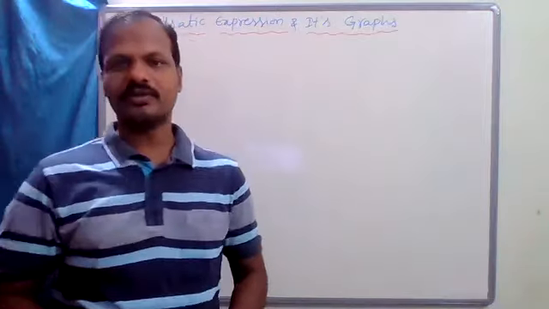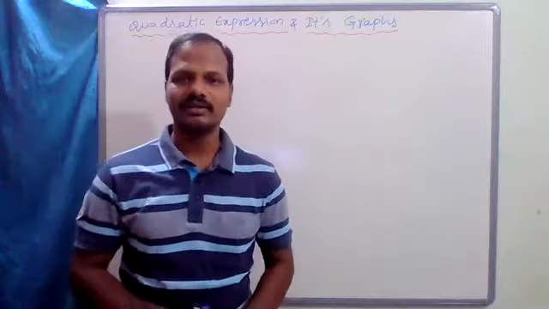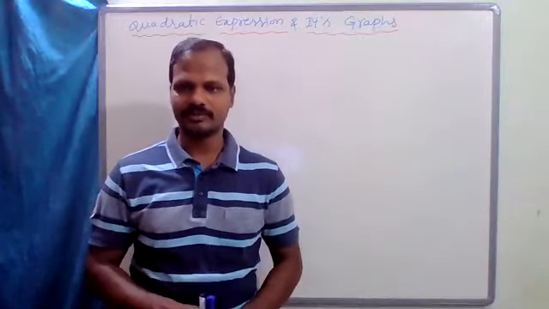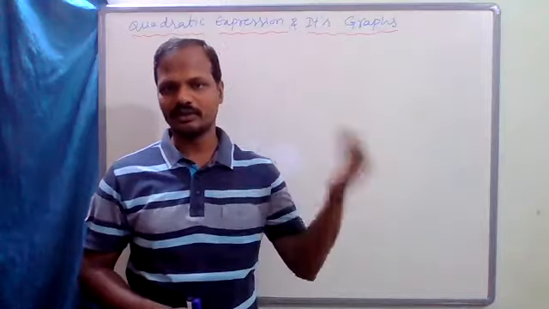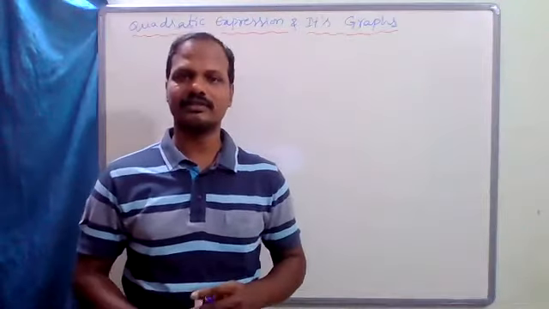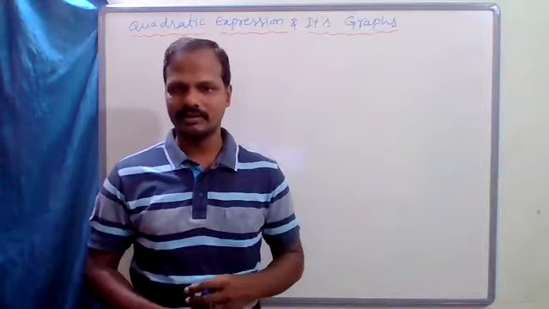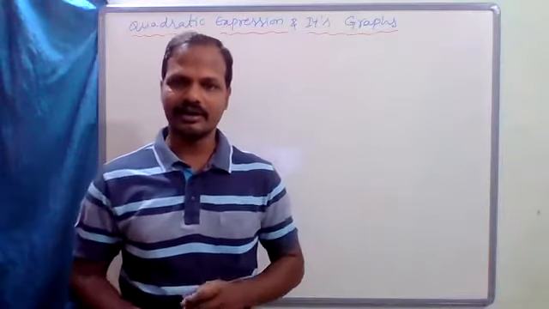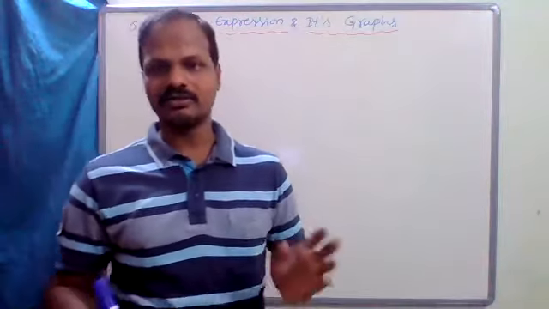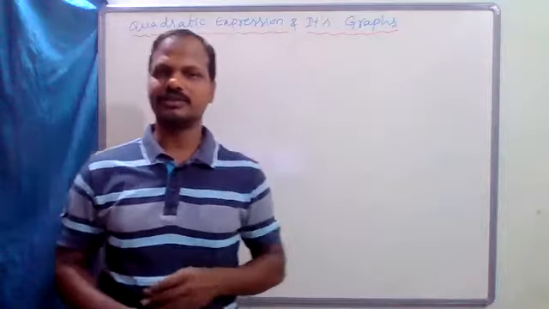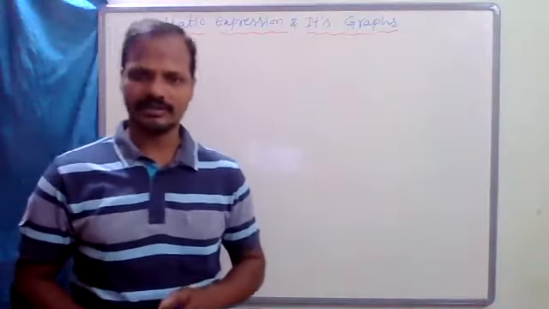The shape of the quadratic expression is a parabola. In 2B we have to discuss the conic sections, where the first topic is parabola, then ellipse and hyperbola. Anyway, you have an idea about the parabola, so there is no problem. So let us discuss the graph of the quadratic expression.